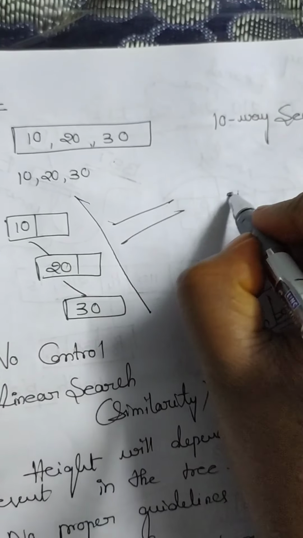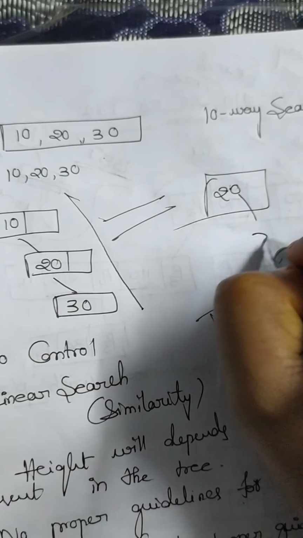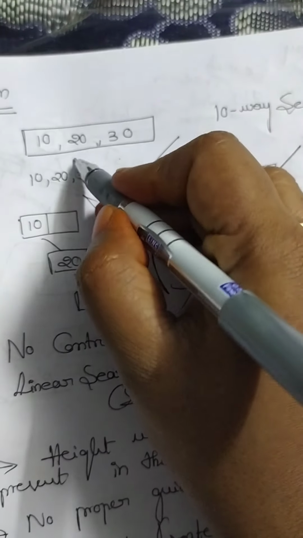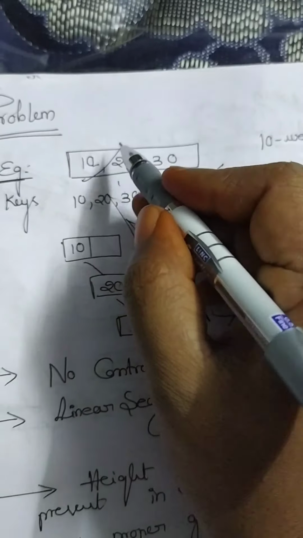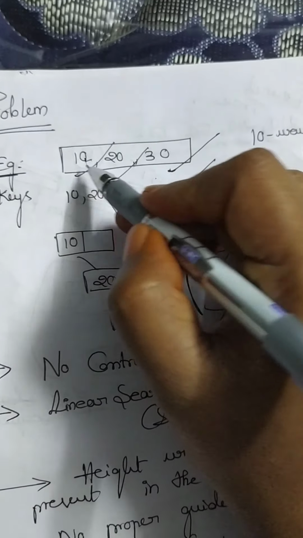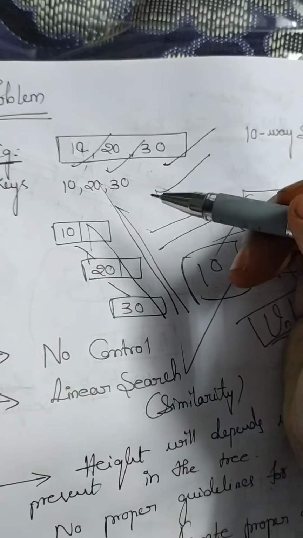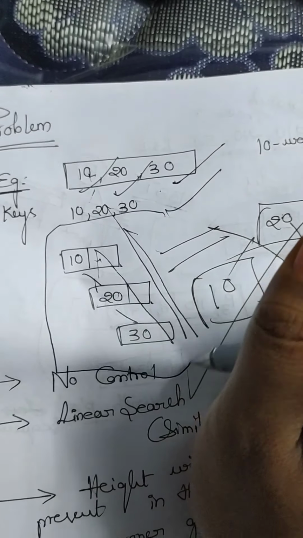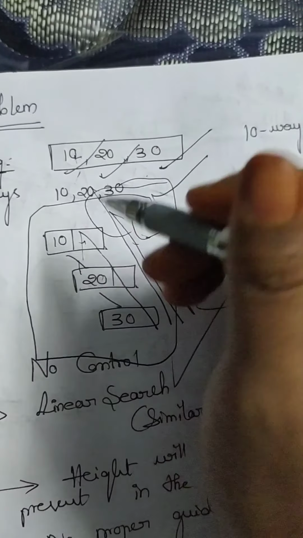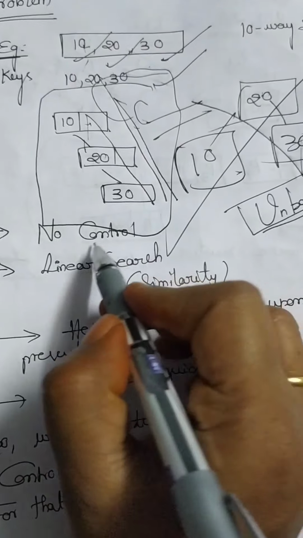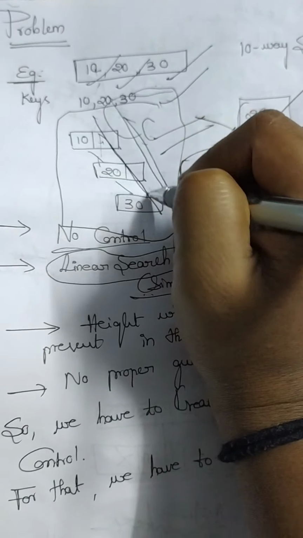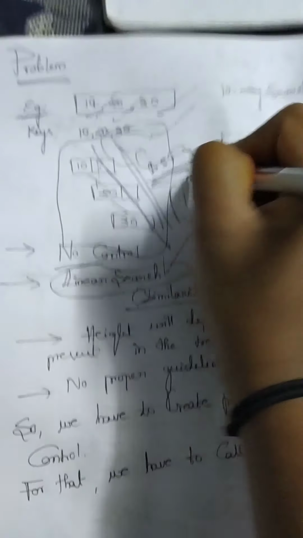We cannot take 20 first, then 30, then 10; we can only take them linearly, in whatever order the input is given. There are no proper rules for how to insert, reduce the height, merge, or split. There is no proper rule or guideline here, so there is no control, and this is similar to linear search. We cannot go directly with the BST property for searching an element.